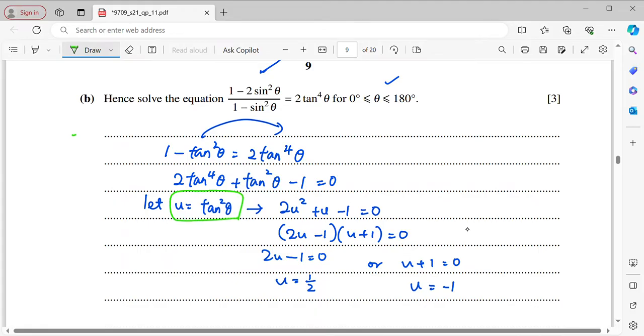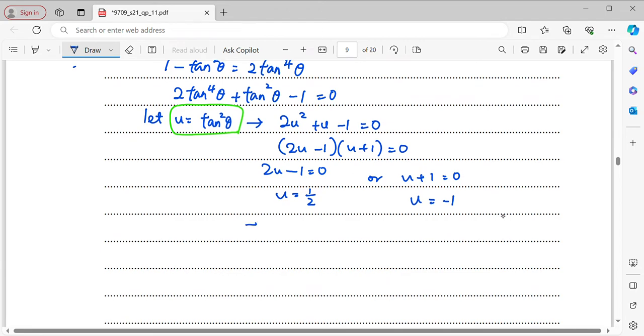So now change back. Tangent squared theta is half, or tangent squared theta is negative 1. We know that whatever squared of the value, it cannot be negative. That means this one has no solution. Now tangent squared theta is half, which means tangent theta is plus minus 1 over square root 2.